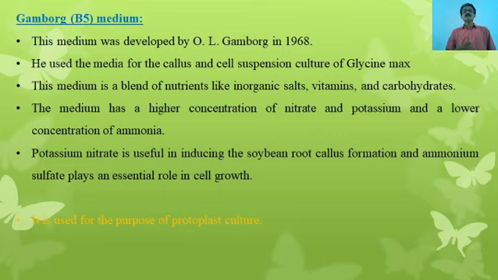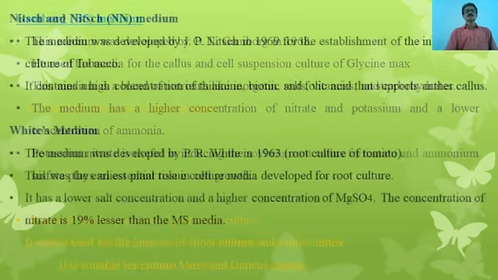The medium has a higher concentration of nitrate and potassium and a lower concentration of ammonia. The potassium nitrate usually indicates inducing soybean root callus formation, and ammonium sulfate plays an essential role in the cell growth. It is mostly found to be used in protoplast culture. So B5 medium is used in protoplast culture.